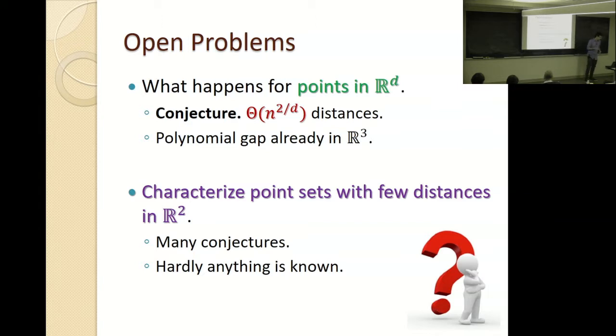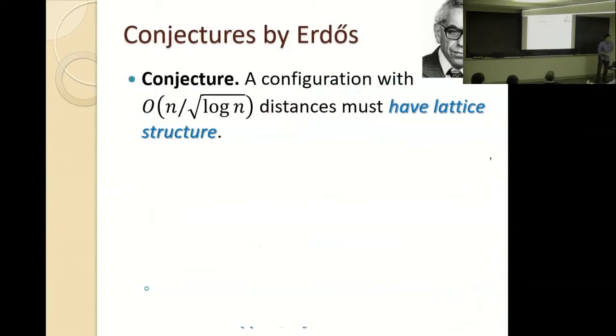And just to show you how embarrassing this situation is, I'll mention briefly what's conjectured. Erdős conjectured many decades ago that a configuration with a small number of distances should have lattice structure. What's lattice structure? Unclear. He says, in the next sentence in the paper, that it's not really well defined.